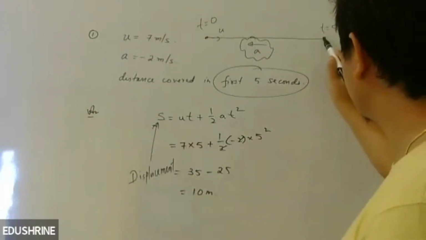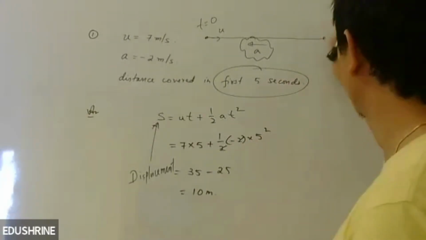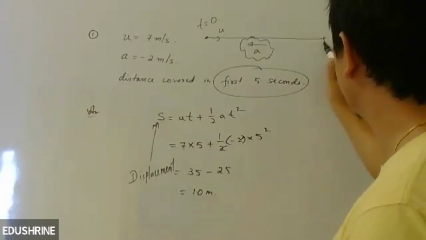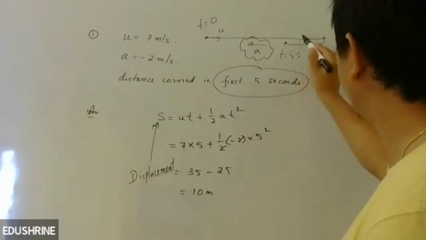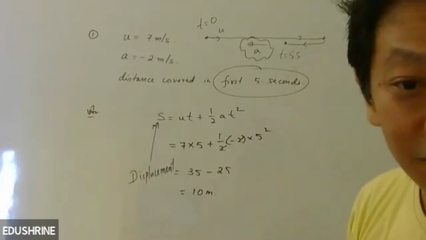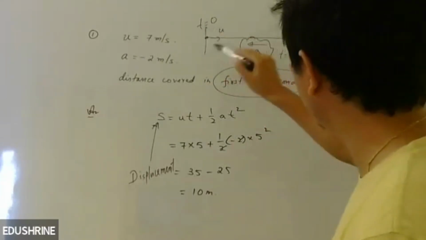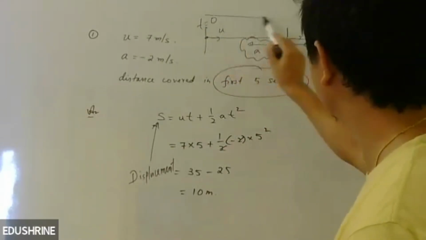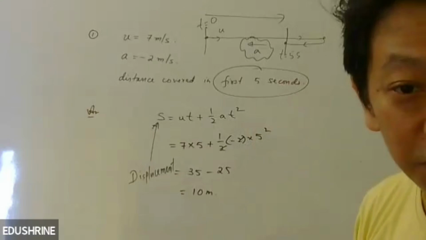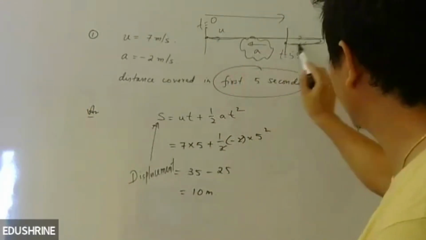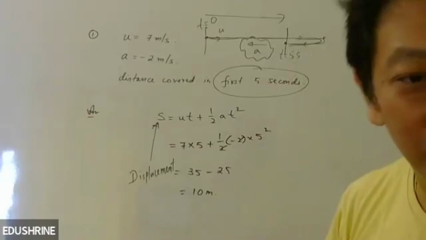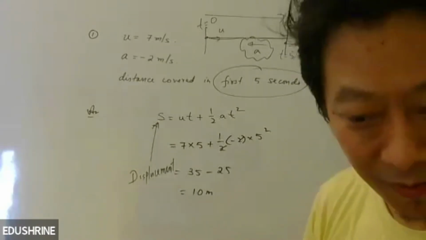But what if at 4 seconds it comes back, and here it is at 5 seconds? Now problem, because now this will be displacement, initial to final, but this will be your distance, which is more.